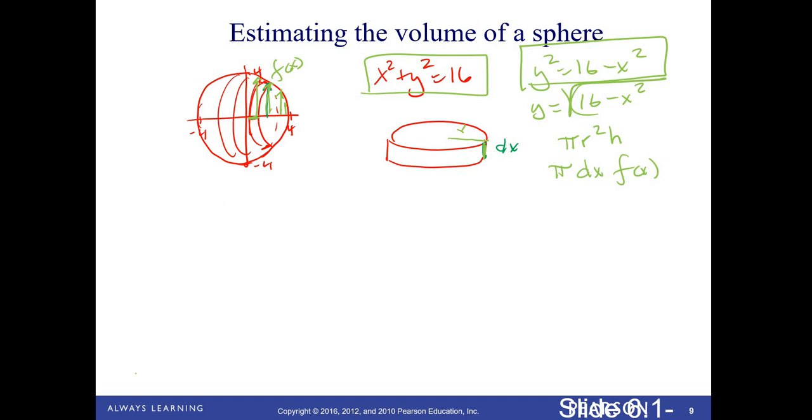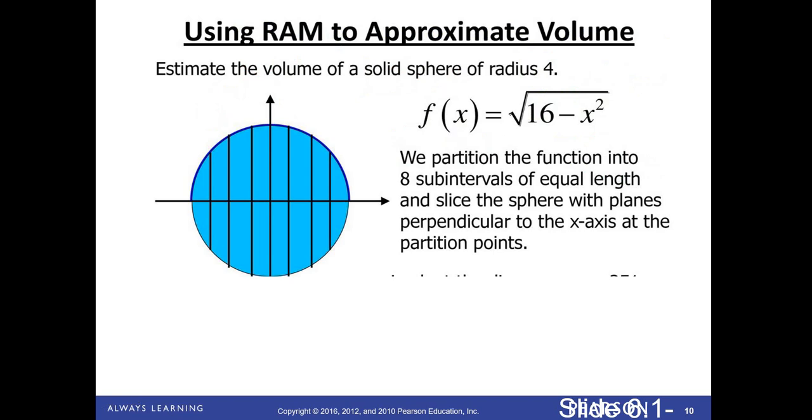So let's set this up for our interval. Here's a little better picture. So we're going to divide it into 8 subintervals, but I'm going to use a little trick here. I'm just going to use 0 to 4 because this is symmetrical, and I'm going to multiply it by 2.